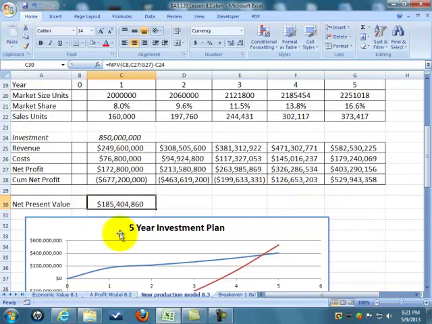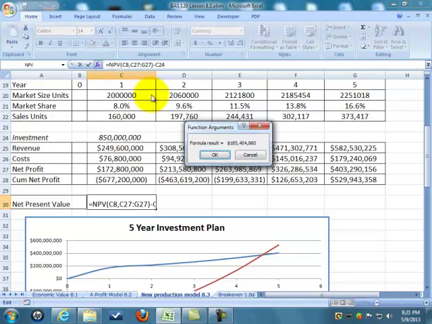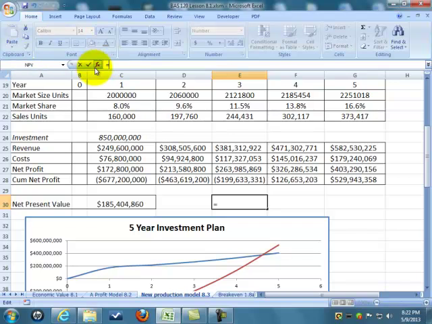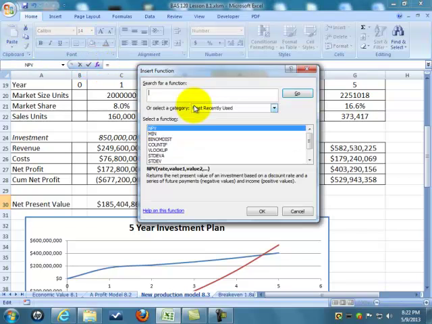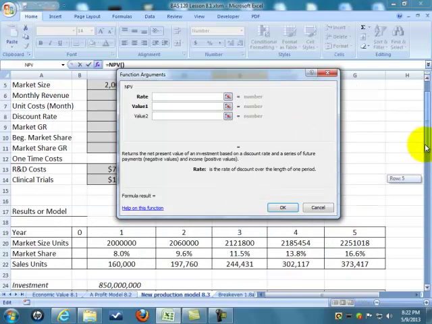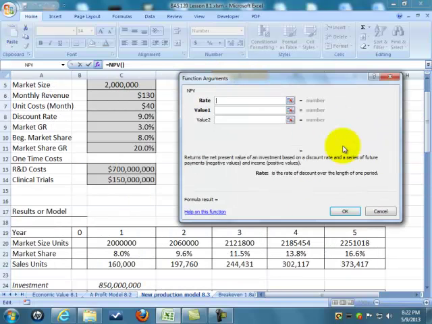The net present value calculation, if you remember this, and again, some people might do it a little differently, you'd use the net present value function. Let me do it for you right here. If we say equals, and then we look up the function, net present value. Now it's asking us for the rate. I could type it in, or I could say that's the discount rate right there.